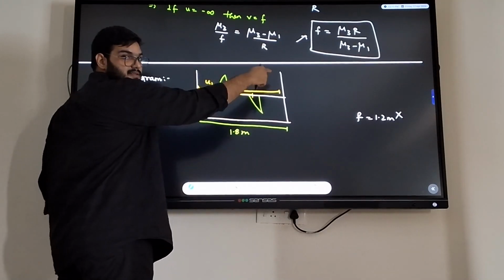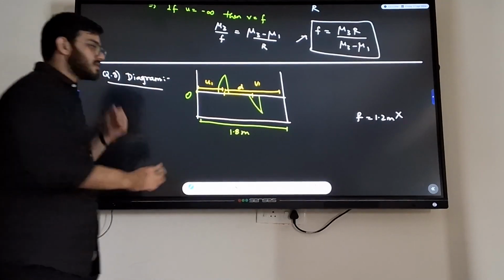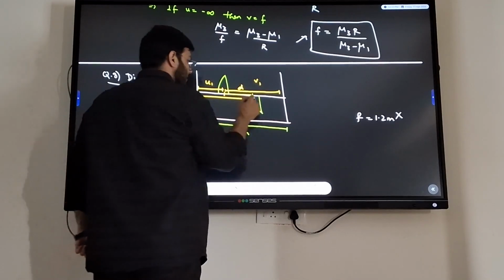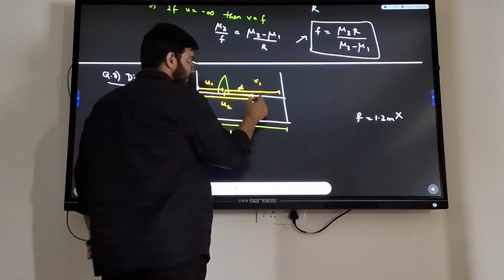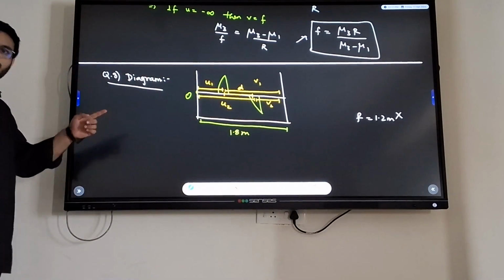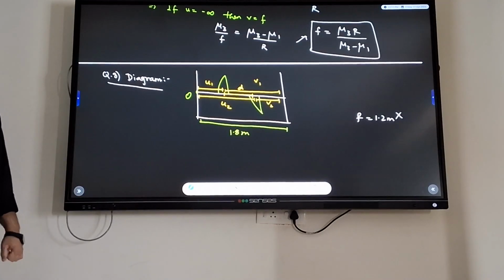From lens L1 where is the image forming? V1. Yes or no? What about this L2? What will this be? U2. And what will this be? V2. Just by looking at the lenses and the distances, can you tell me which one will create what kind of image?